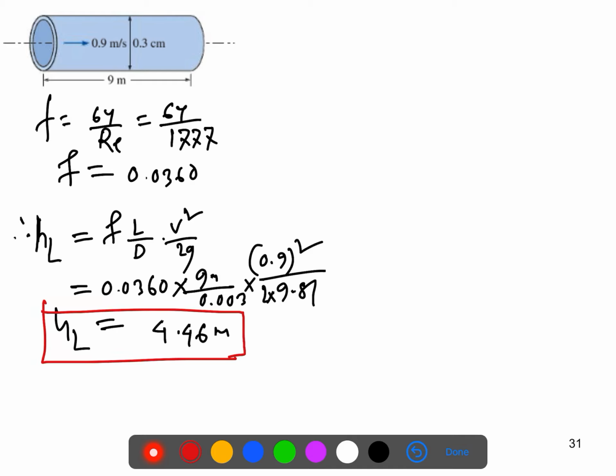The second part of the problem is we need to calculate the pressure drop. This is a horizontal pipe, and its diameter is 0.3 centimeter, constant.